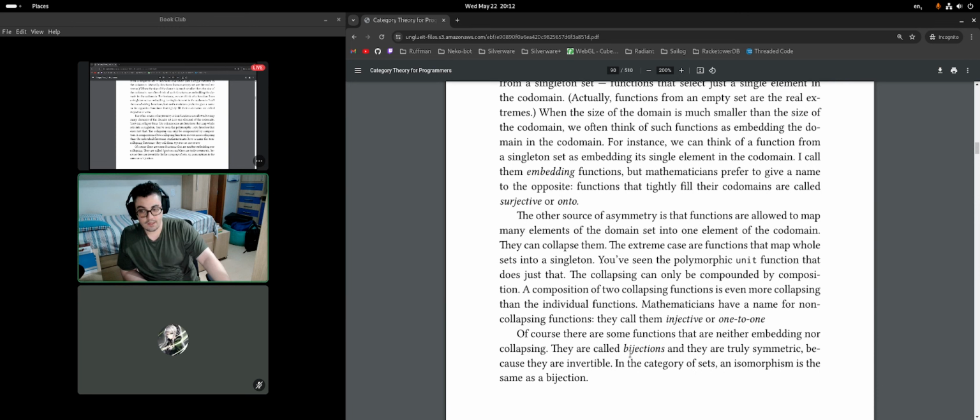So I asked Marinho why this sounds very strong to say, because you're basically saying that if I'm not embedding, which means my codomain is not bigger than my domain, so they are one to one, and if I'm not collapsing, I'm not funneling, I am doing bijection, which means isomorphism.